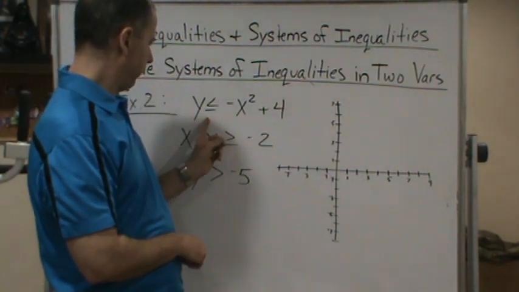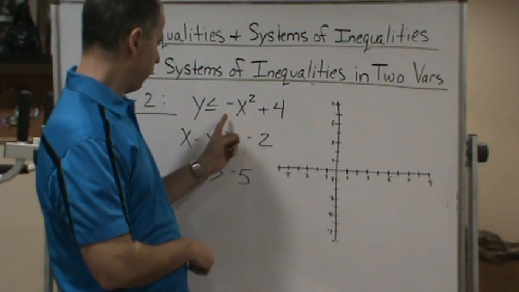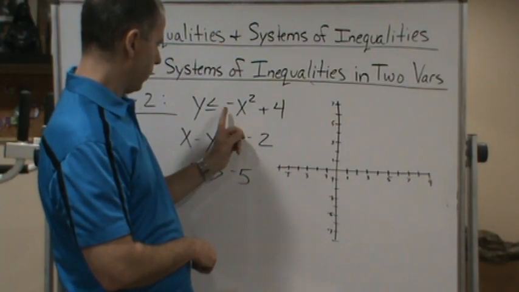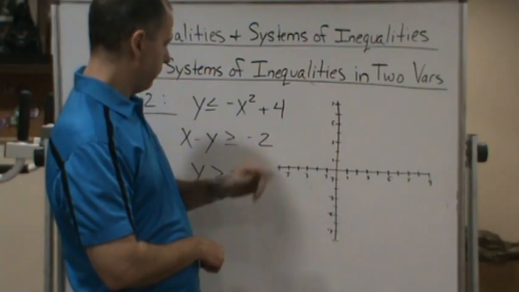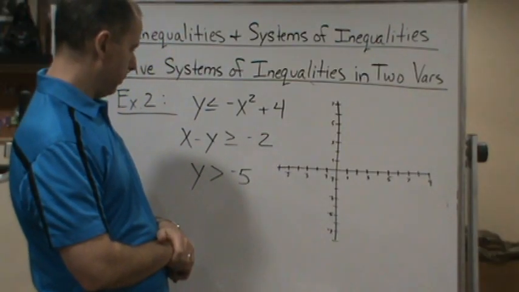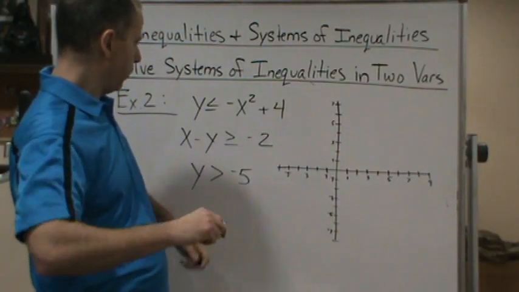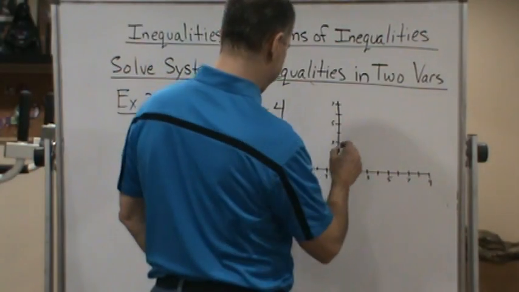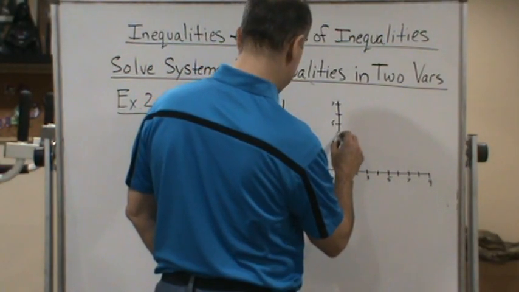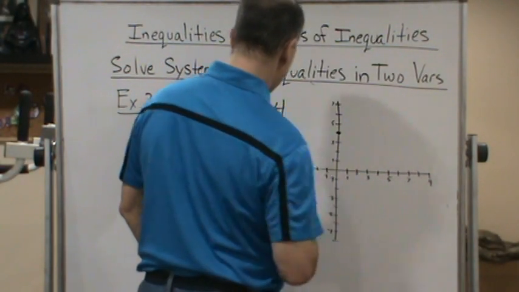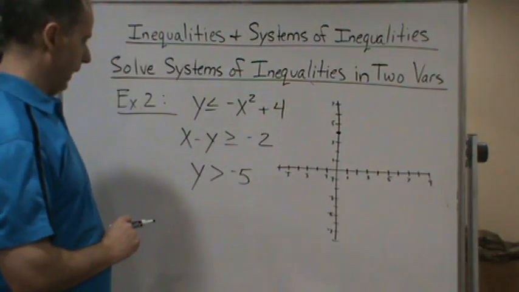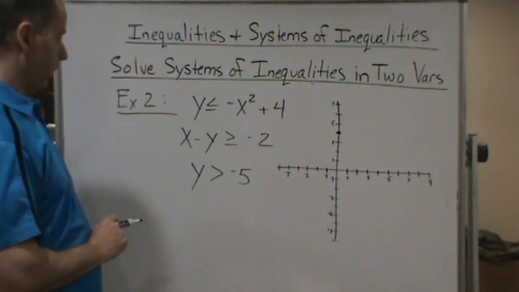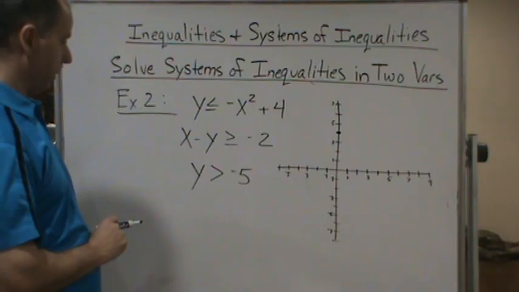So here we have a parabola, right? So we have a parabola that opens downward and it's shifted 4 units up, okay? So the parabola is going to be at 4. And when x is 0, y is going to be 4.